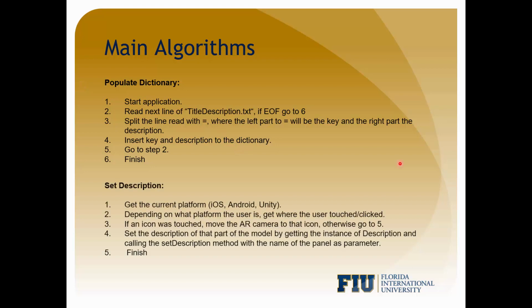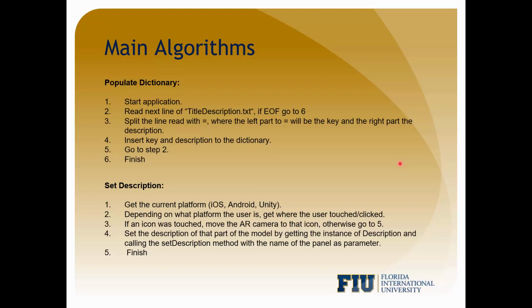The second algorithm is named setDescription, in which the application first gets the current platform. It can be the iOS operating system, Android, or the application may be running on Unity. Depending on the platform, it reads where the event happened.